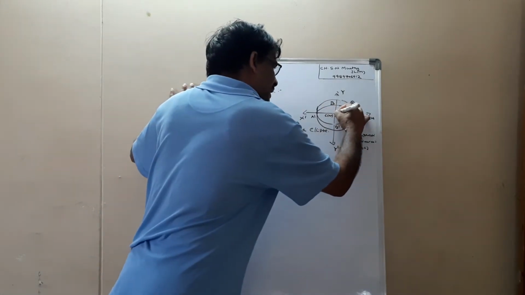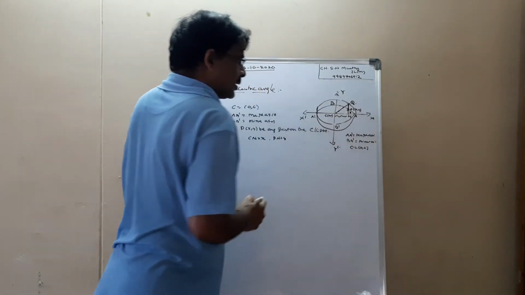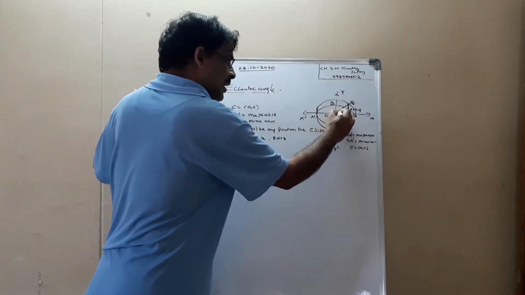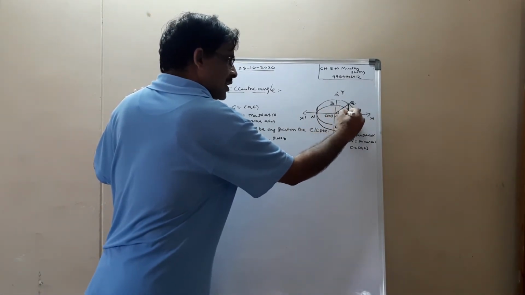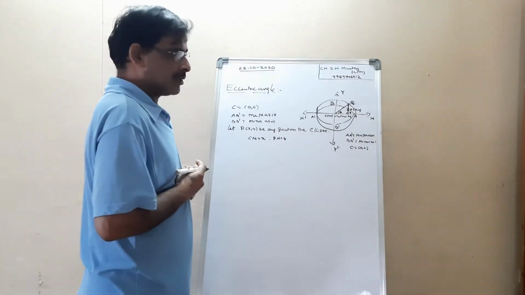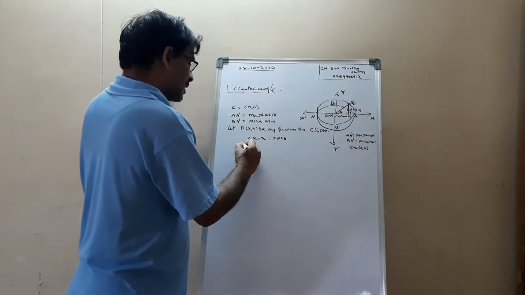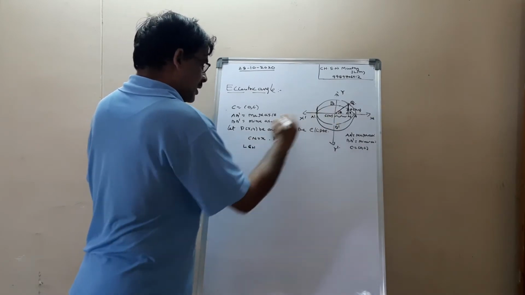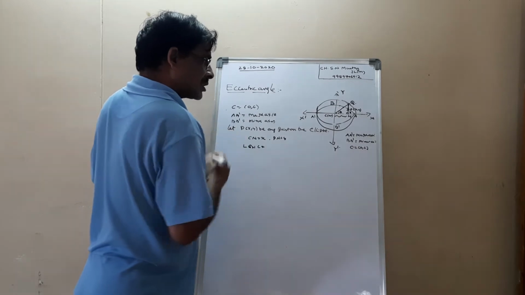Now join CQ. Then what happened? Here is an angle. This is 90 degrees. Okay. We have a right angle triangle. It means triangle QNC is a right angle triangle.